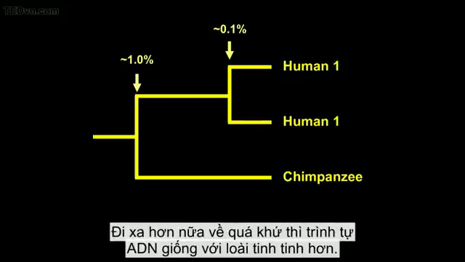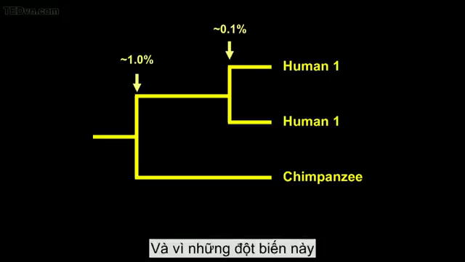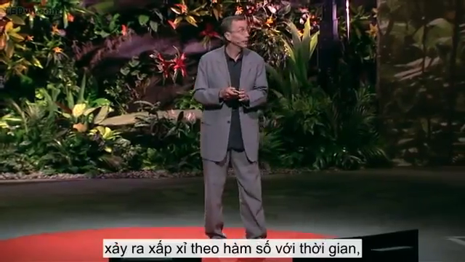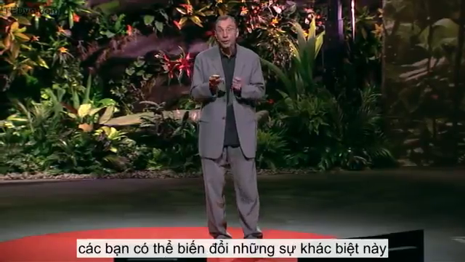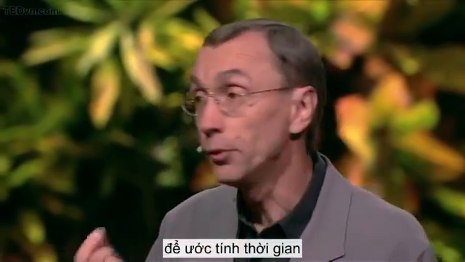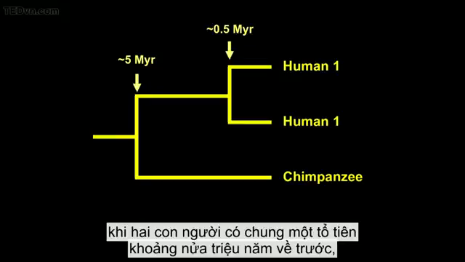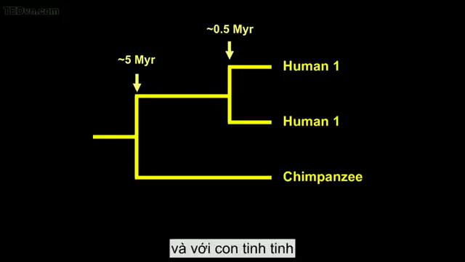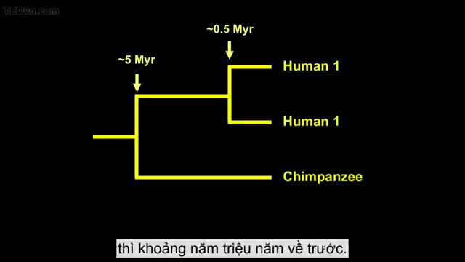Further back is there one shared with the chimpanzees. And because these mutations happen approximately as a function of time, you can transform these differences to estimates of time, where the 2 humans typically will share a common ancestor about 500,000 years ago, and with the chimpanzees it will be in the order of 5 million years ago.